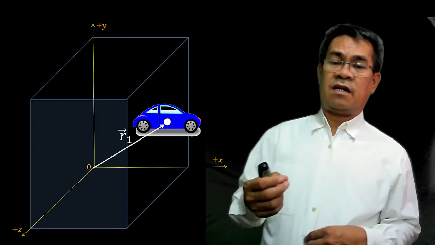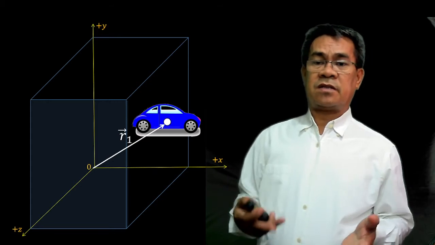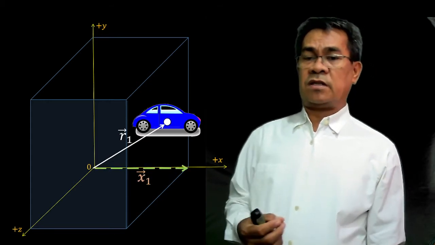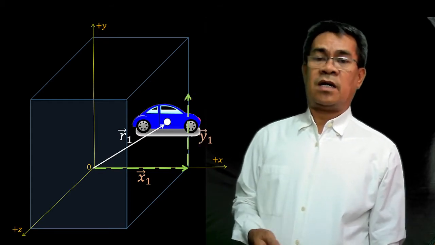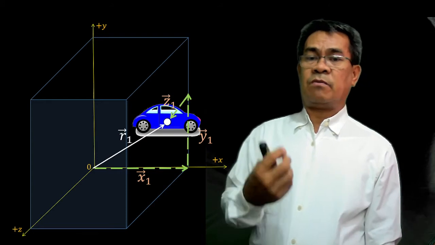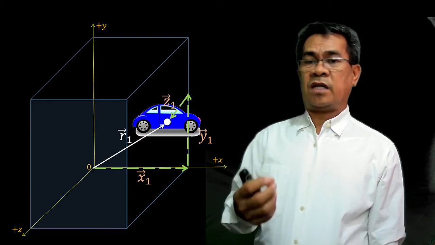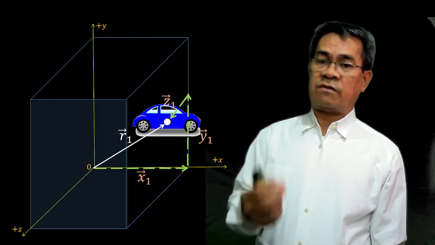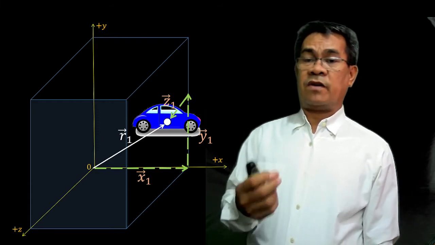Let us say vector R1. It follows that there are three components of this position vector. We have the x component, x1, the y component, y1, and the z component, z1. These are all vectors. If we take the vector sum of these three components, the answer should be the position vector of the particle at point 1, or vector R1.